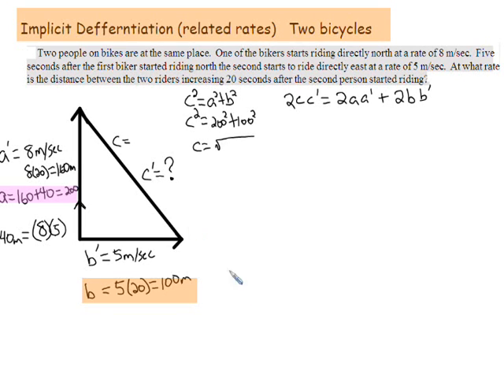That's going to be 50,000. So this square root of 50,000 is what I'm looking for. That is going to end up being 223.61 meters. That's the result of this.